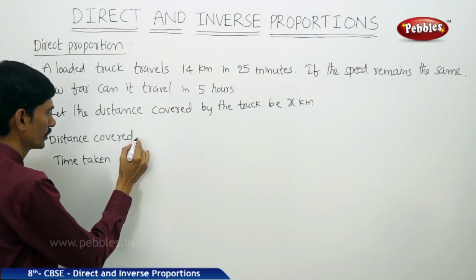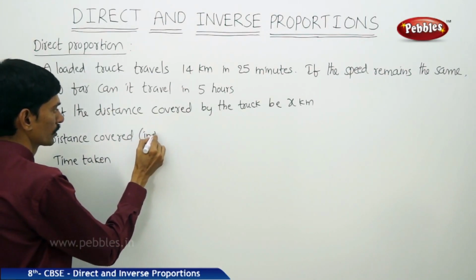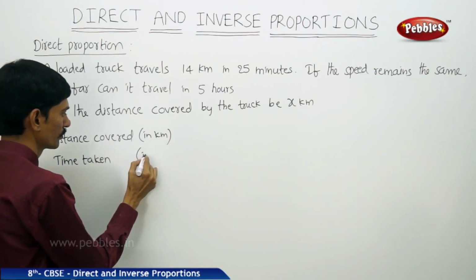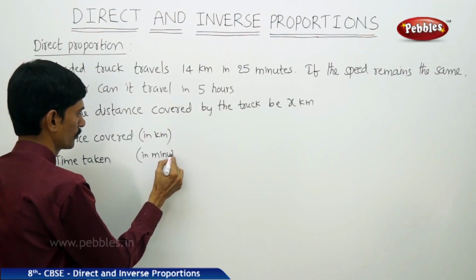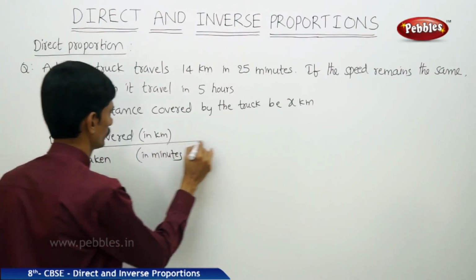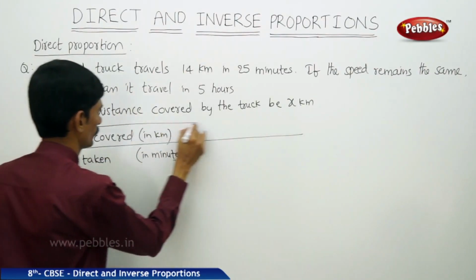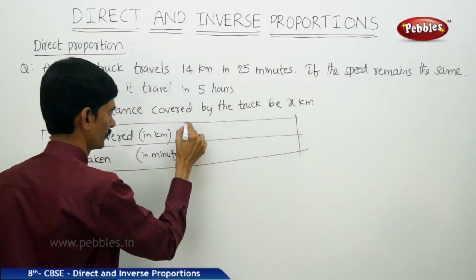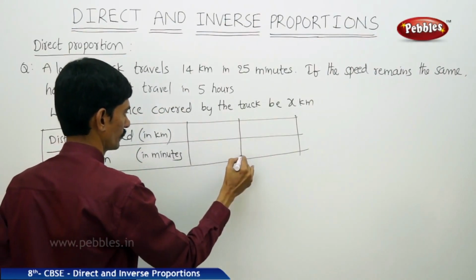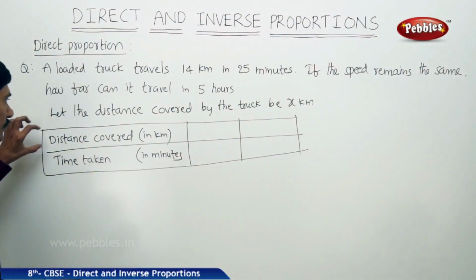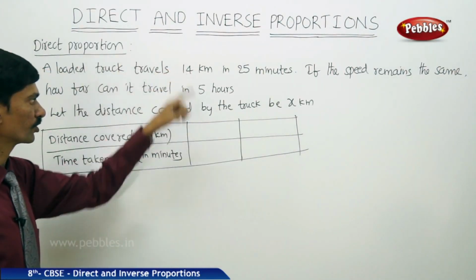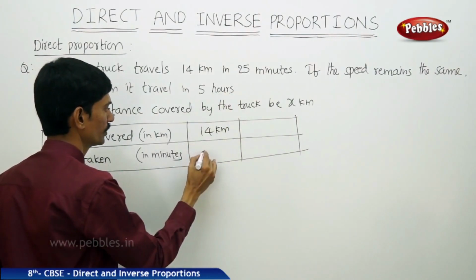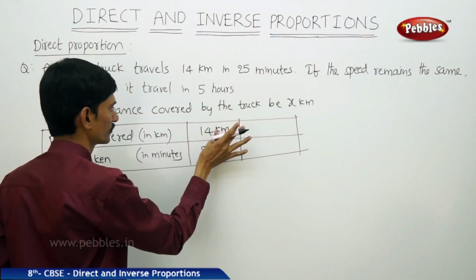So distance covered you will take in kilometers and the time taken you will take in minutes. Now the first, when it travels 14 kilometers, then it is taking 25 minutes.